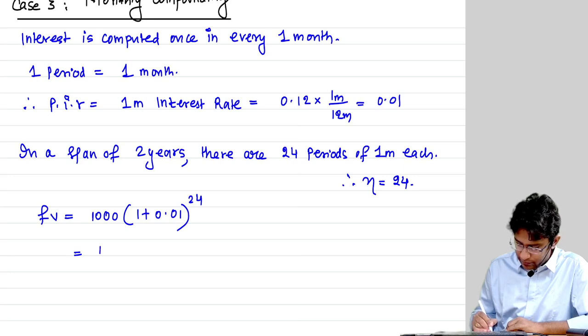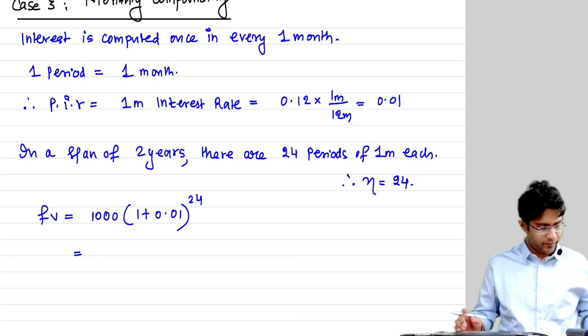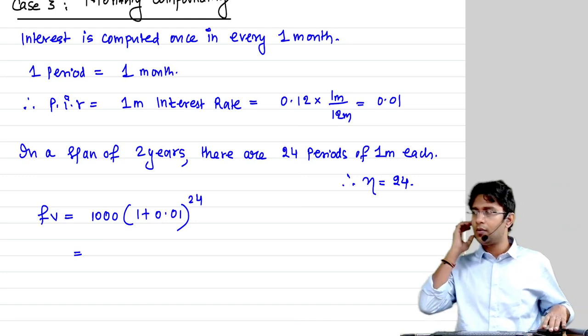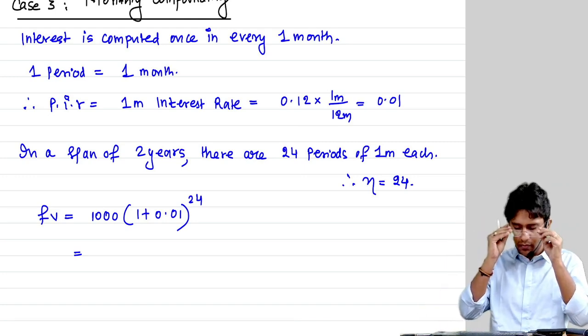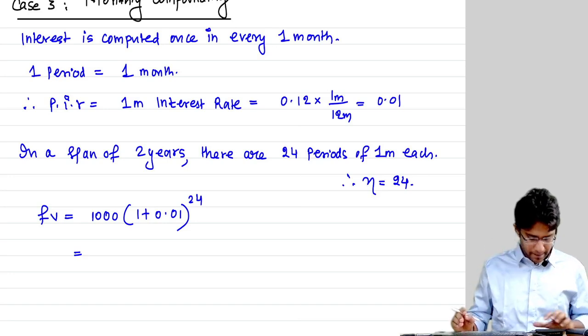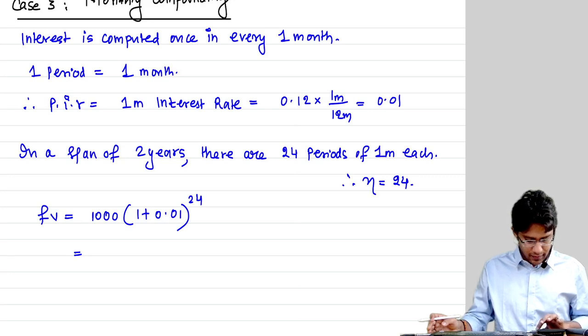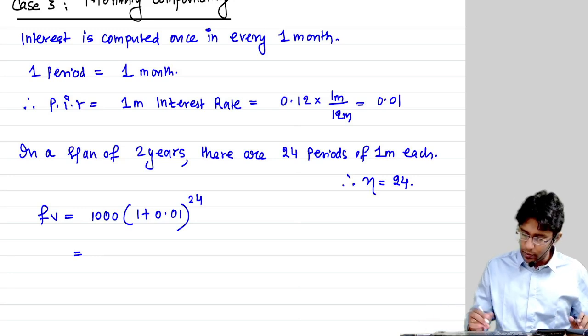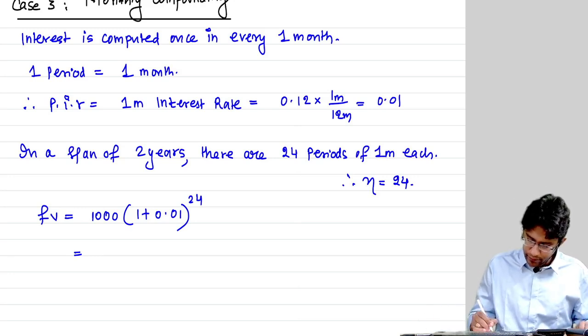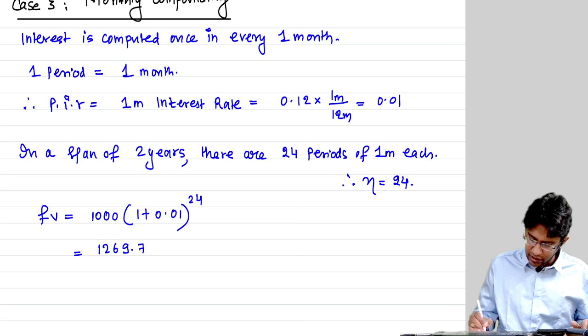Can you work it out for me? How much, sir? 1269.73.